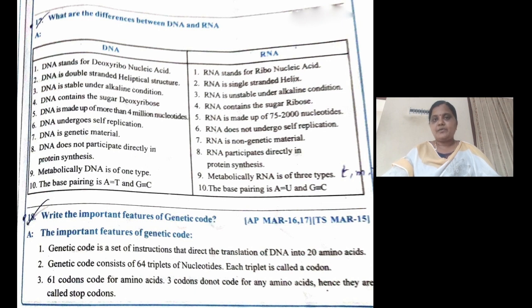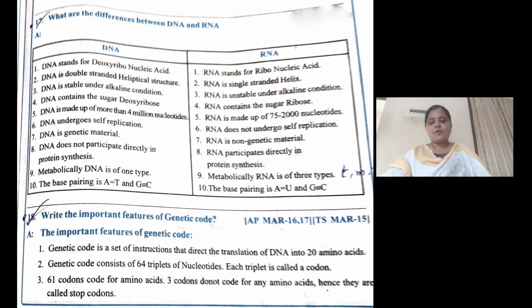This genetic code consists of 64 triplets of nucleotides, and each triplet is called a codon. 61 codons code for amino acids, and 3 codons do not code for any amino acids.